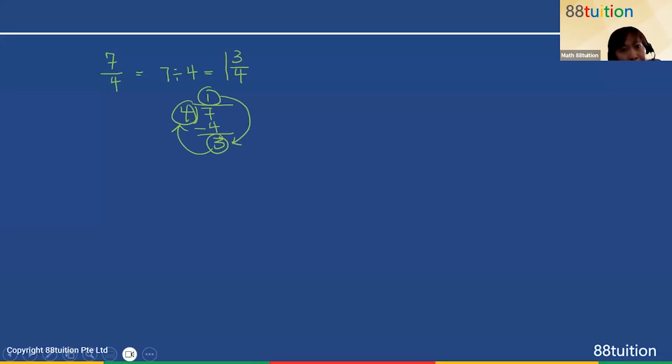Okay, 7 out of 4 equals 7 divided by 4 equals inside, outside. So you do this. Circle, circle, circle, like a water cycle. 1, 3, 4. 1 whole 3 out of 4. Okay.